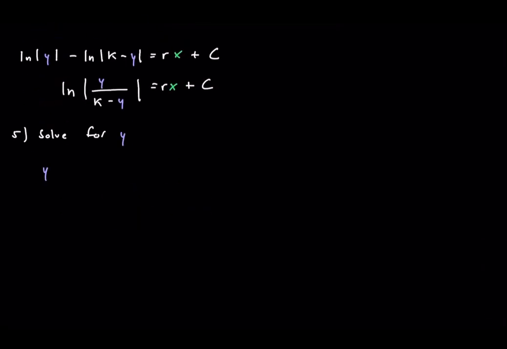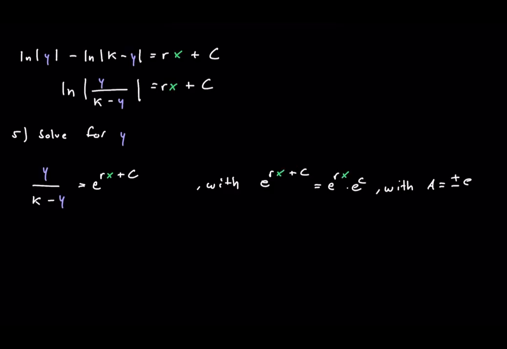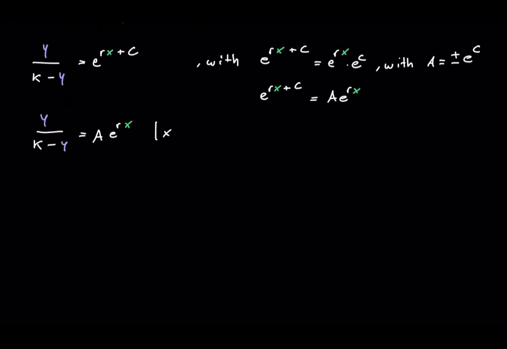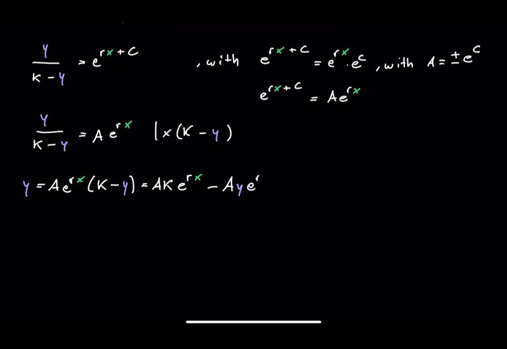Exponentiate both sides. Y over k minus y equals e to the rx plus c, or equivalently y over k minus y equals a e to the rx, where a equals e to the c. Multiply both sides by k minus y: y equals a e to the rx times k minus y. Distribute: y equals a k e to the rx minus a y e to the rx.